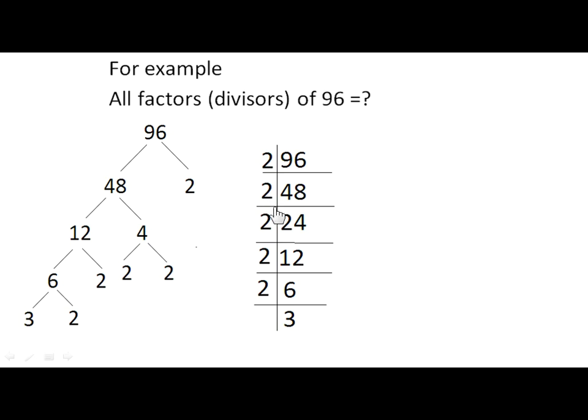Again we divide 48 by 2, we get 24. In this way we proceed, so we find all the prime numbers whose product is equal to 96. In this way we can find the prime factorization of the given number.